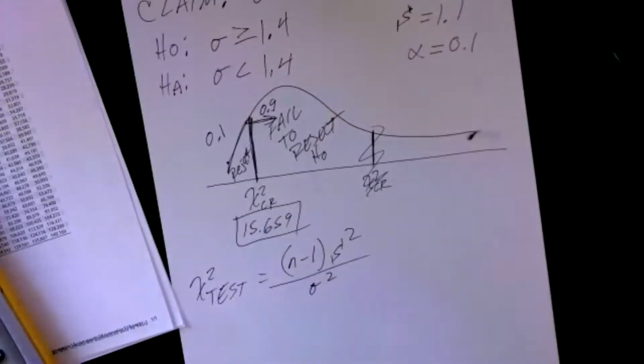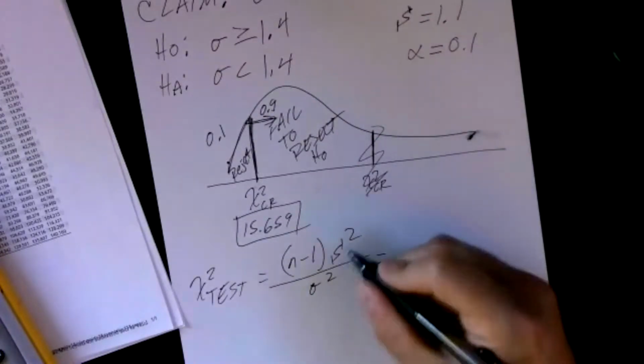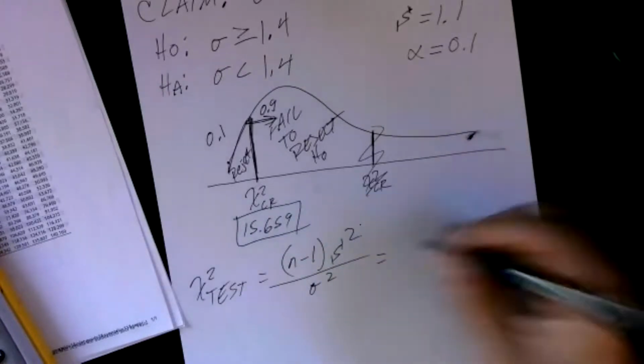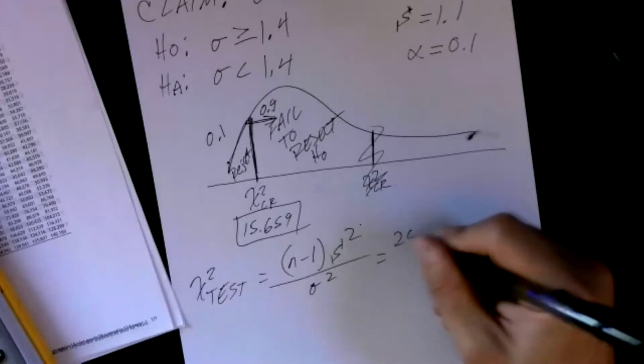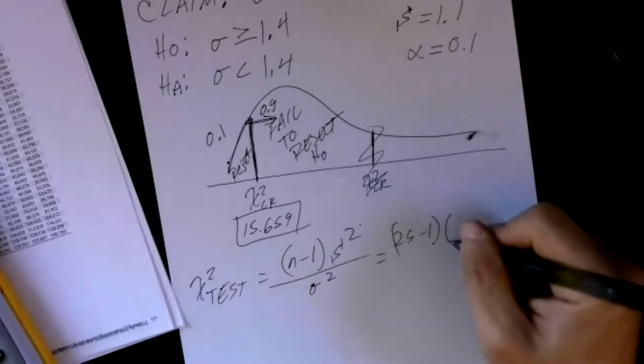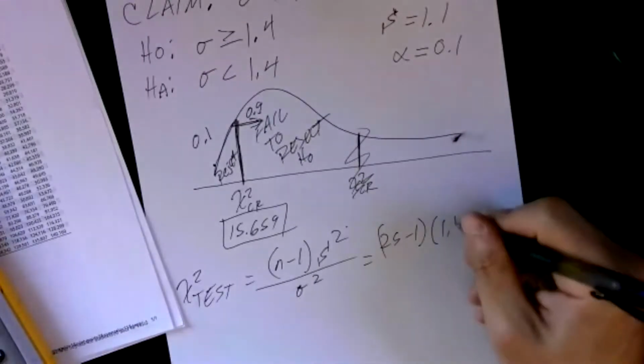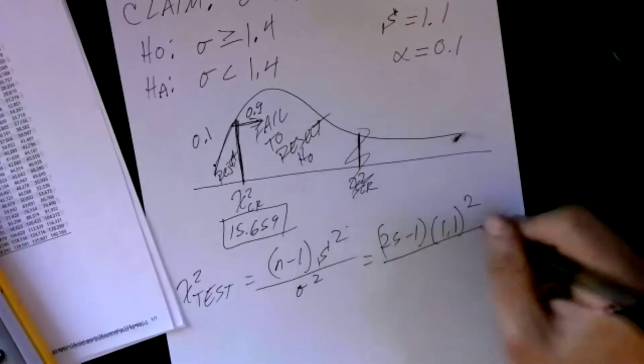Now, what makes this problem different from the other one is that we are given standard deviation, not variance. So we do have to square this. It's 25 minus 1 times sample standard deviation 1.1 squared.